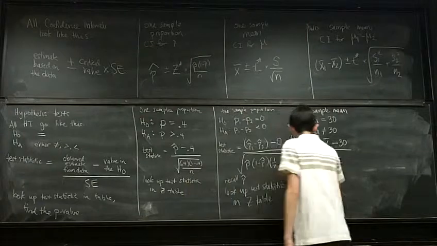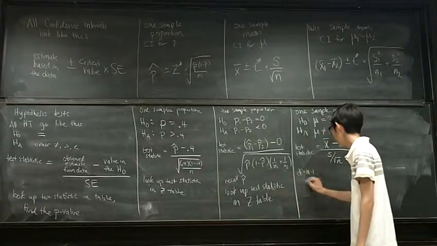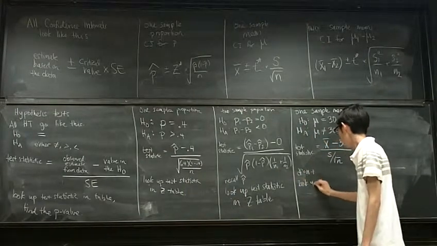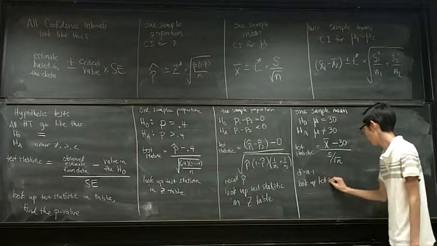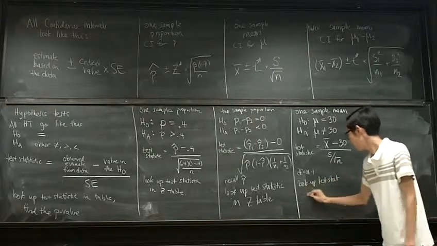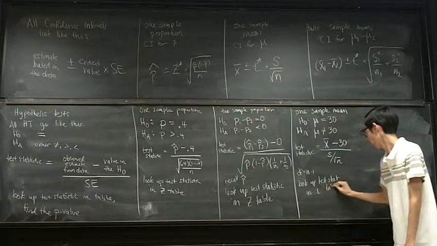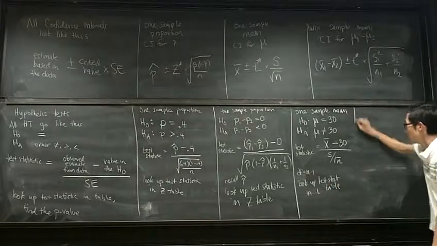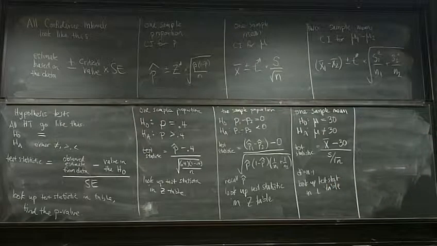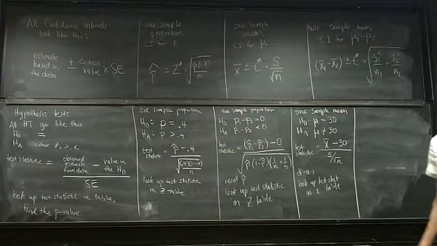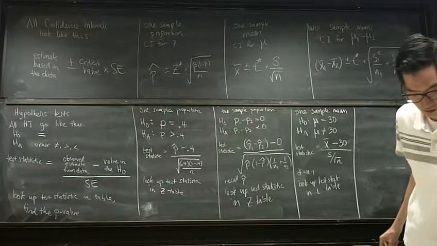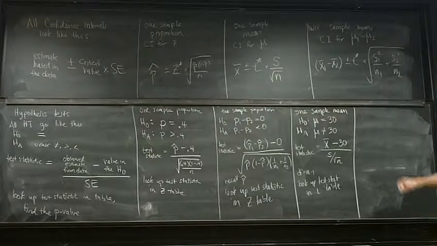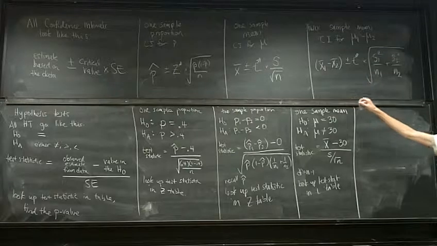The T table, with degrees of freedom equal to n minus 1. And when you're looking for the confidence interval, that's when we use that one too, for the one sample mean. Yeah, one sample mean, that's the confidence interval.